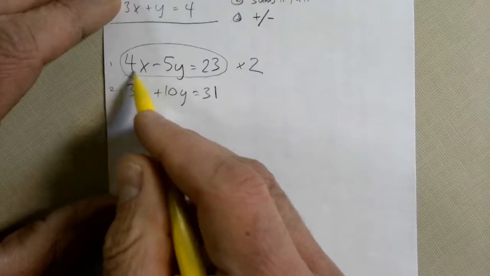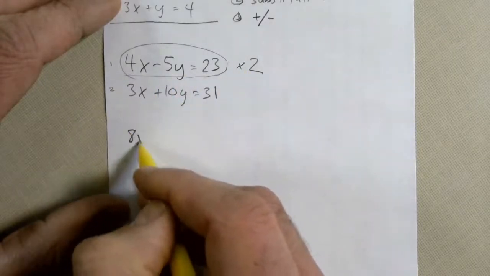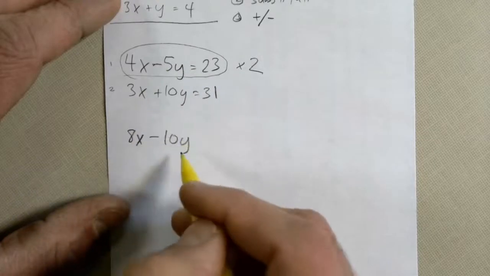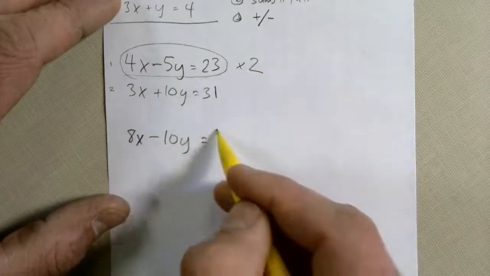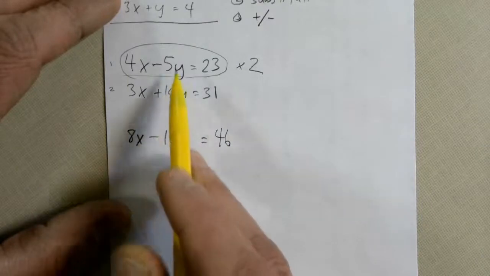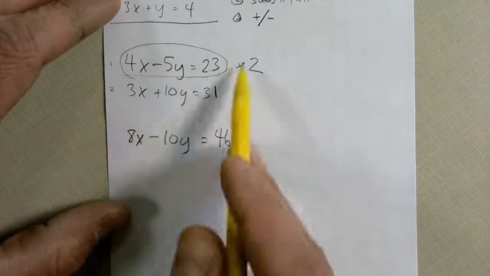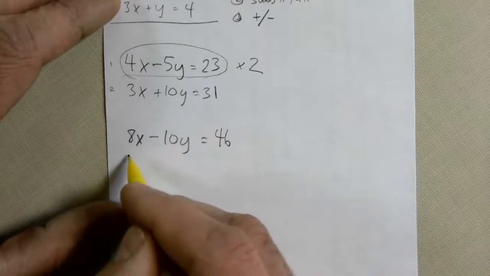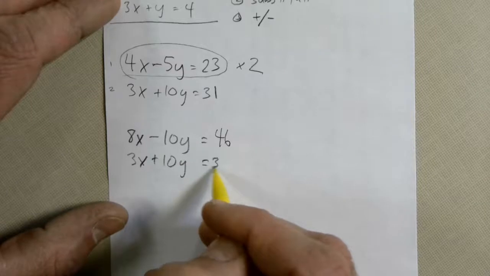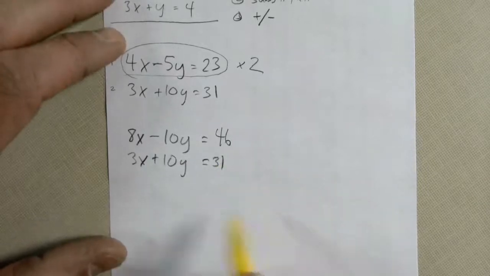I'll have 4x times 2 is 8x. Negative 5y times 2 is negative 10y. 23 times 2 is 46. This is an equivalent equation. This is the same equation as this. I multiplied both sides by 2, and that's legal. Then I'm going to rewrite equation number 2 here.